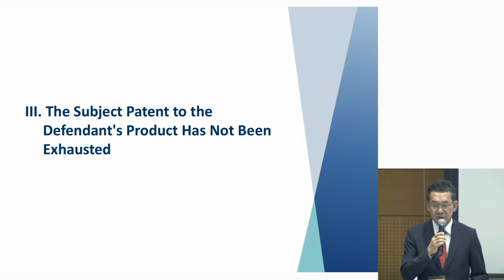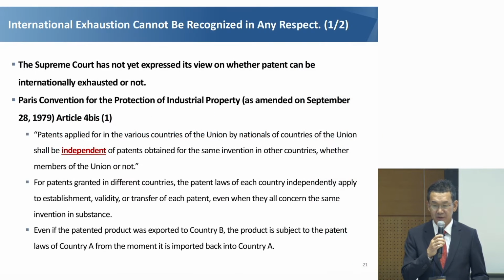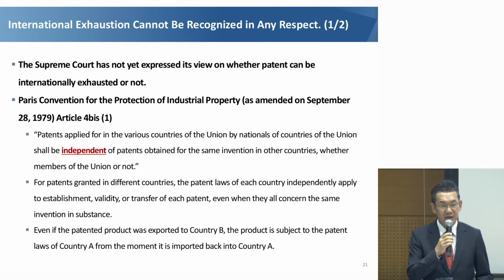So the subject patent with respect to the accused product has not been exhausted at all. Even though the Korean Supreme Court has not made any express decision on international patent exhaustion, here in our case, given the territoriality of the patent, the plaintiff's patent has not been exhausted at all.